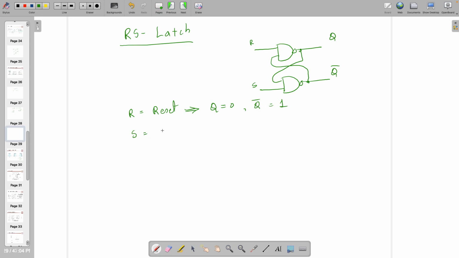When set is 1 and the other counterpart is 0, then Q equal to 1 and Q bar equal to 0. In this case, when R and S both are equal to 0, then Q and Q bar are going equal, and this is the alarming time. We should not consider this, and we should declare that one as an invalid state, right? So this is what we studied, right?